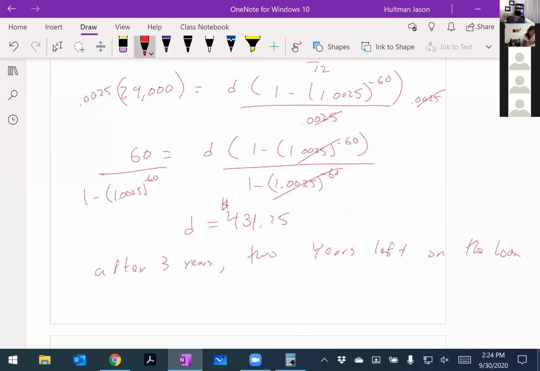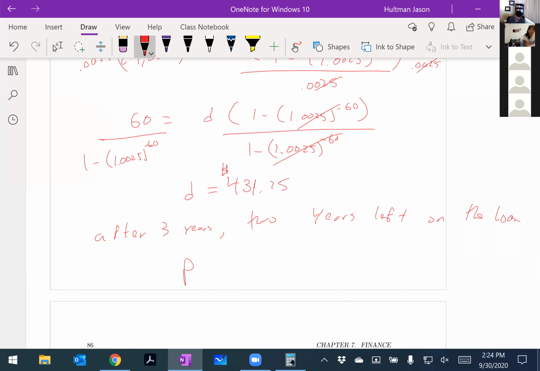So what's the present value of this loan? How much is owed still on the car? If I made one lump payment to pay this car off today, say I inherited some money, how much would I have to pay off the principal? We don't care about the interest. We just want to know how much is the principal left on this car.